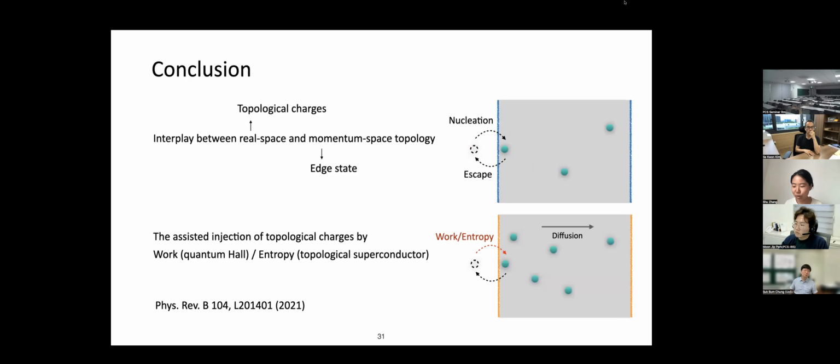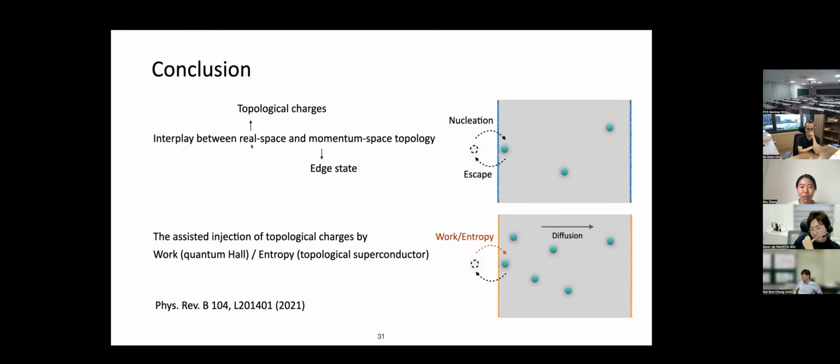Okay, so here's the conclusion of my talk. We consider the interplay between the real space and the momentum space topology. The real space topology gives these topological charges, as defined by their topological numbers. And the momentum space topology gives rise to edge states.